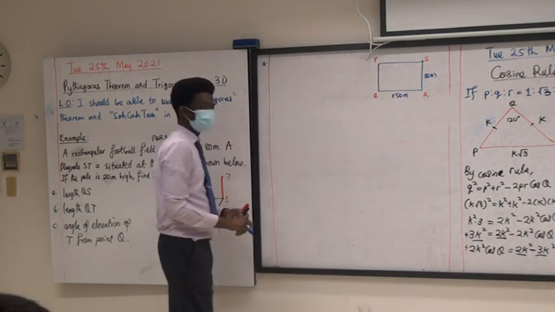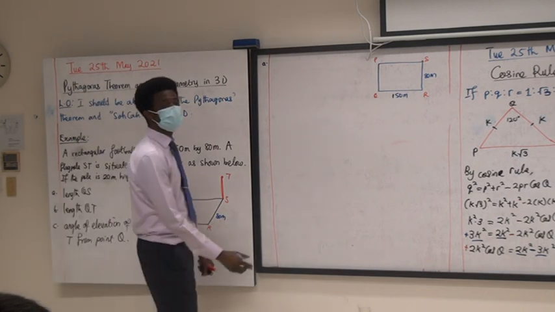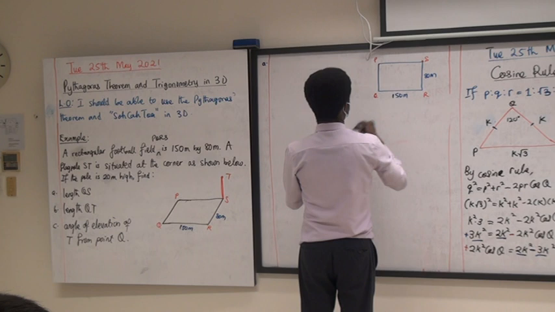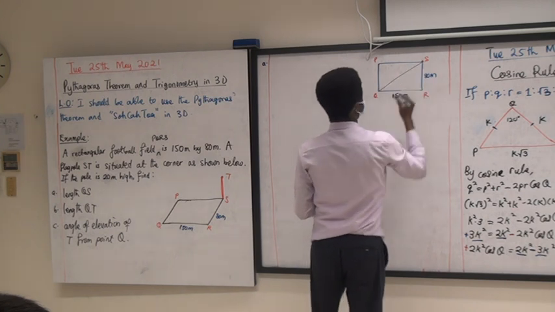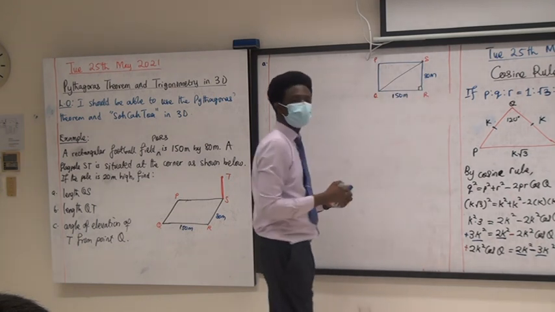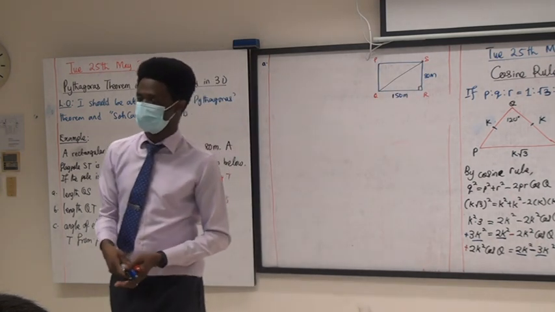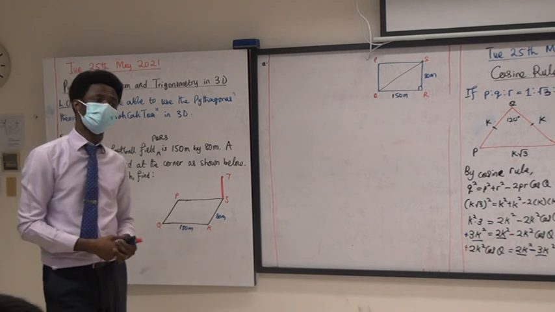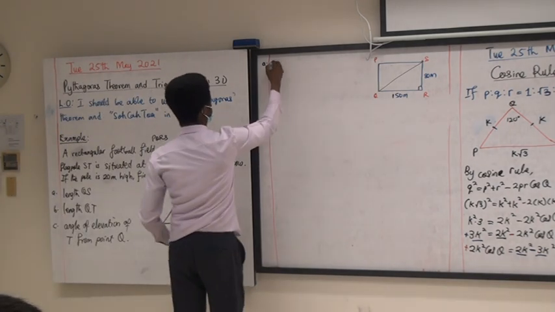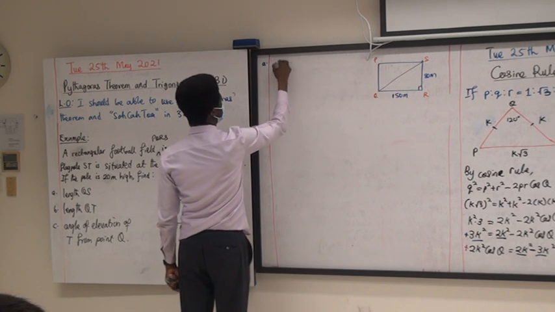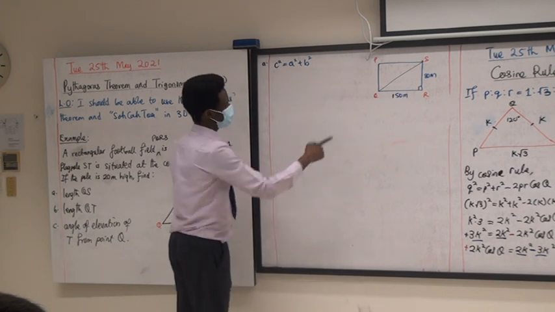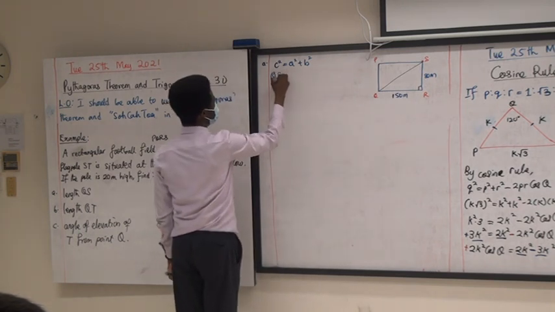James, is this clear? So you use Pythagoras theorem, because what we are looking for is QS. Why am I using Pythagoras theorem? This is a right angle. It's a rectangular field, so it is 90 degrees at all corners. Okay? So by Pythagoras theorem, remember C squared equals A squared plus B squared. Our C in this case is QS.